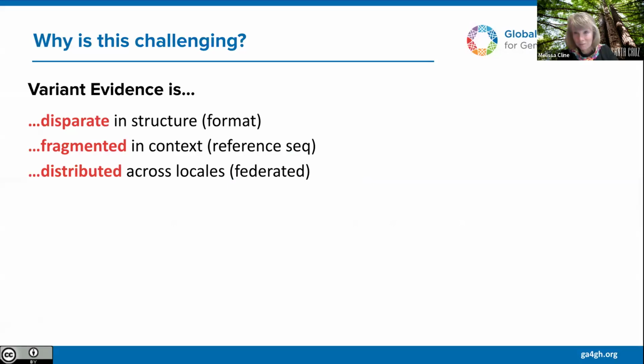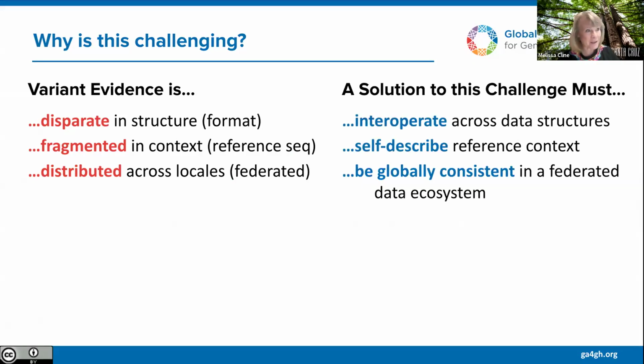Great. So with that introduction, why is sharing genomic knowledge challenging? First off, variant evidence comes in many different formats relating to many different reference sequences and distributed around many locations.